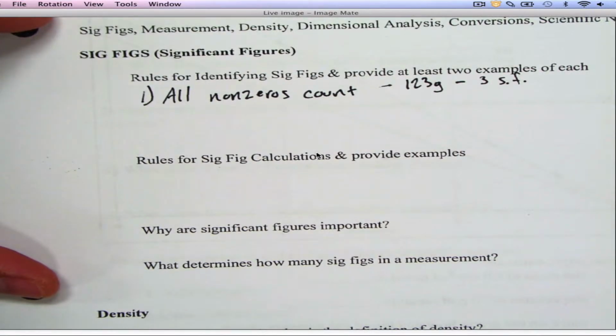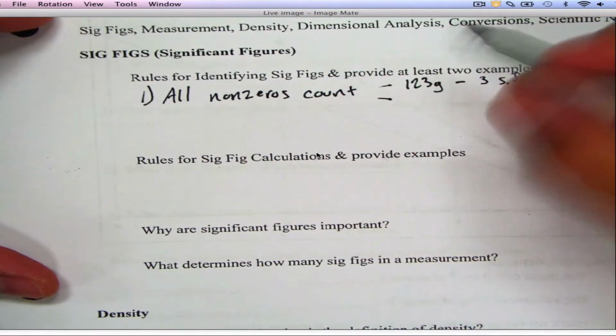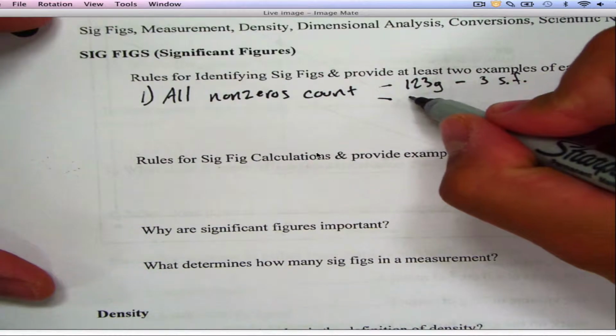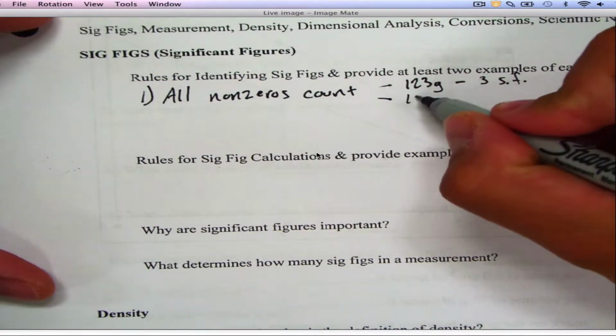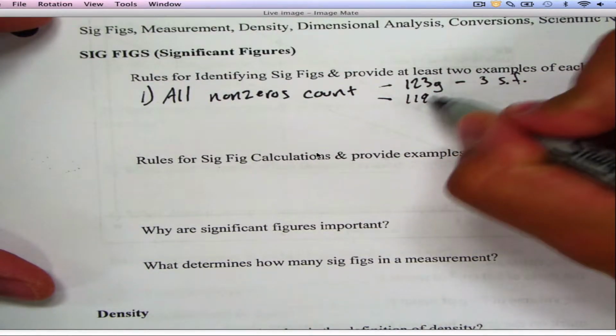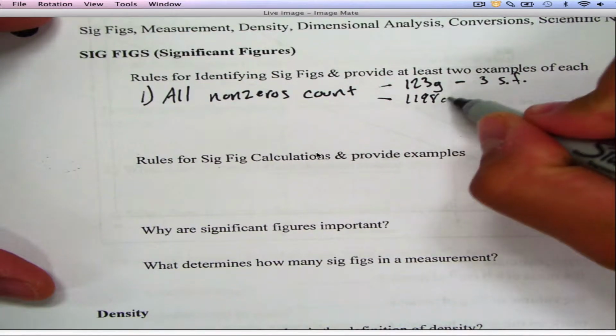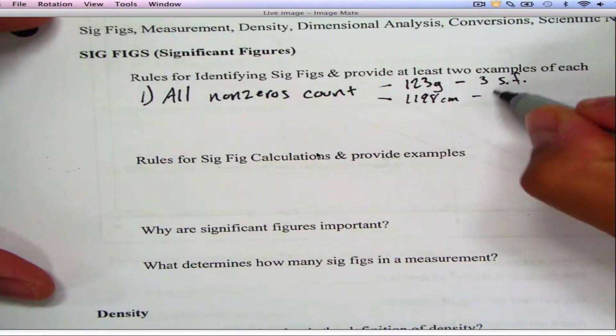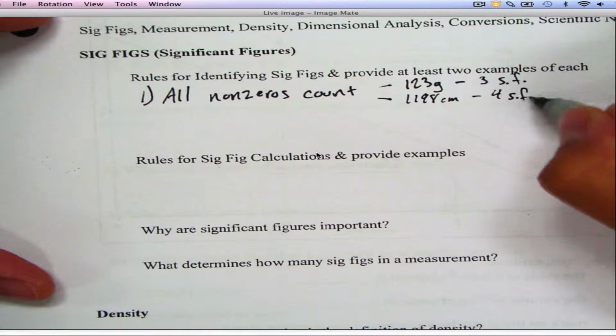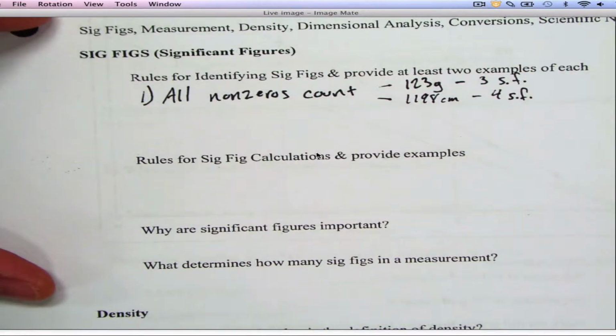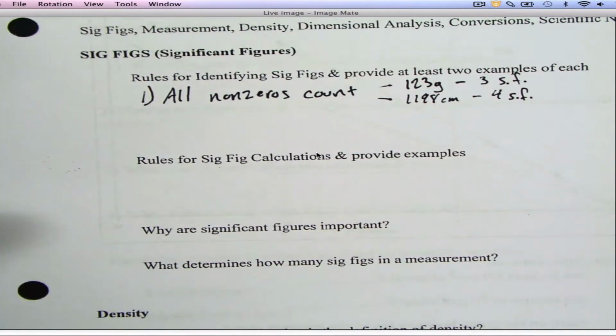All right. Another one we could say would be like 1,198, and we'll go centimeters. That would be 4 significant figures because they're all non-zeros. All right, so that's your first rule you got to follow.